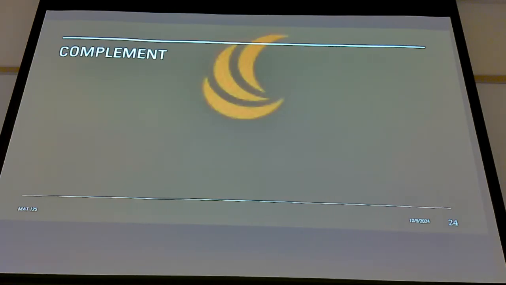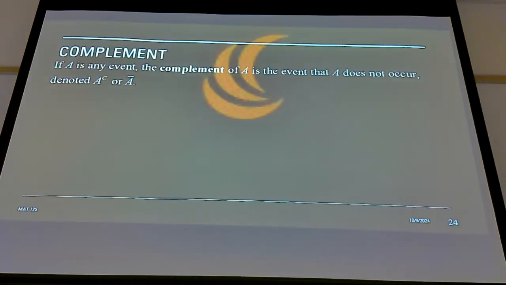The complement. If A is any event, the complement of A is the event that A does not occur. I believe the notation of the book is A to the C. That's what I would try to stick with.